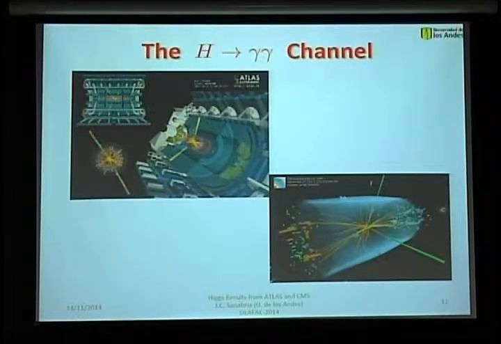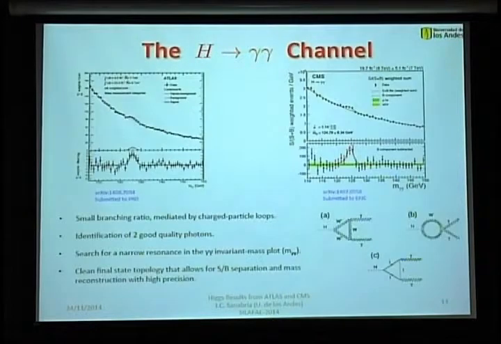Okay, let's quickly mention what has been measured for the gamma-gamma channel. We have here two event displays with a pair of photons that would make candidates for Higgs events in that channel. Again, there is no direct coupling of the Higgs to the photon; it goes through loops, which makes the branching ratio small.